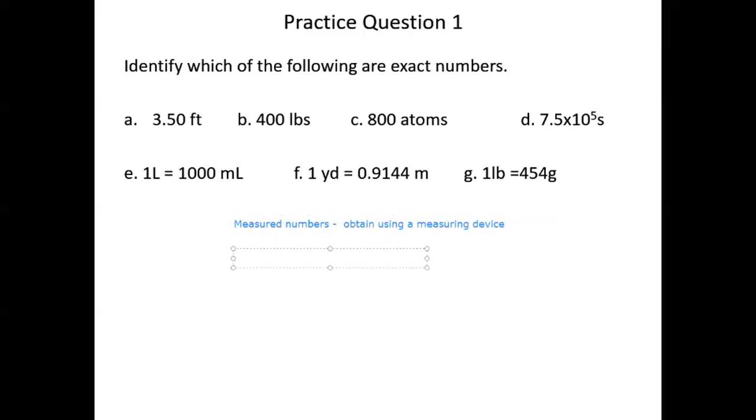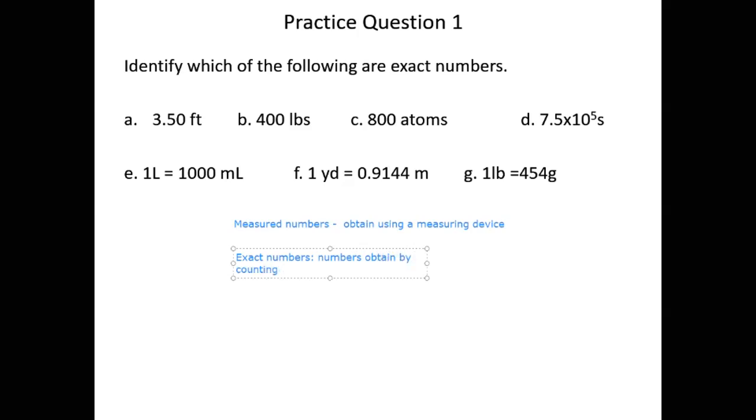Now, exact numbers, just to refresh, exact numbers are numbers obtained by counting or conversion factors within the same system of measurement.